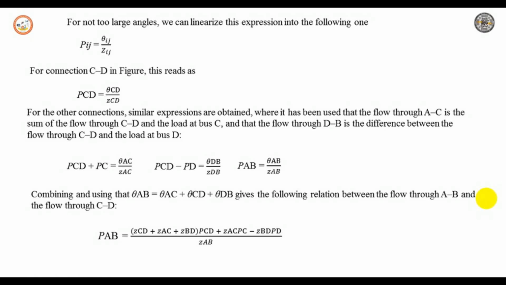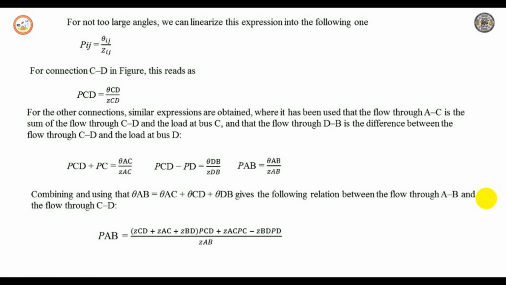Whenever I consider the power flow alone through AB, it gives the following expression: PAB is equal to theta AB divided by ZAB. If I combine the above two equations, that is theta AB is equal to theta CD plus theta DB, the following relation is obtained for the power flow through AB.